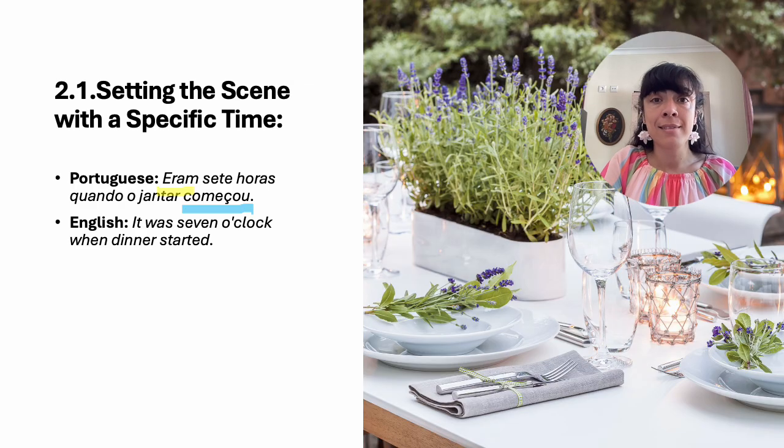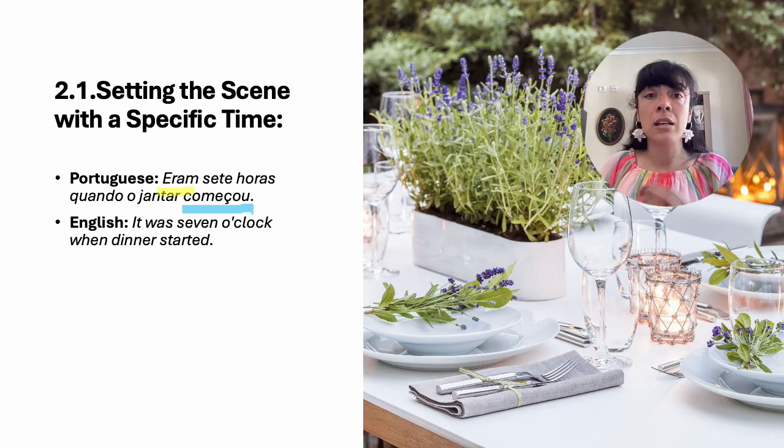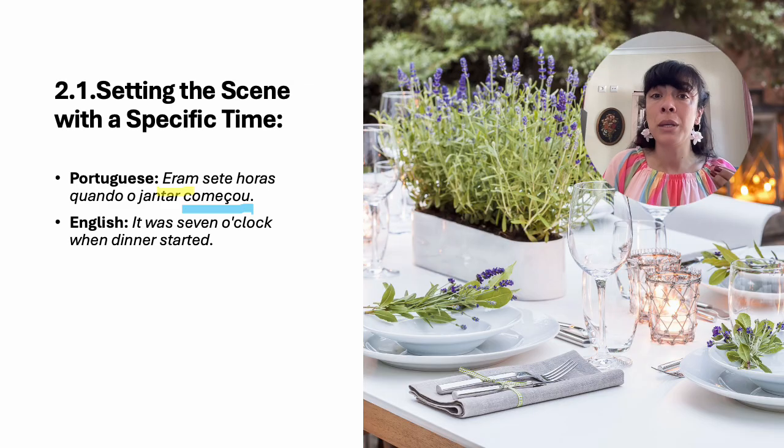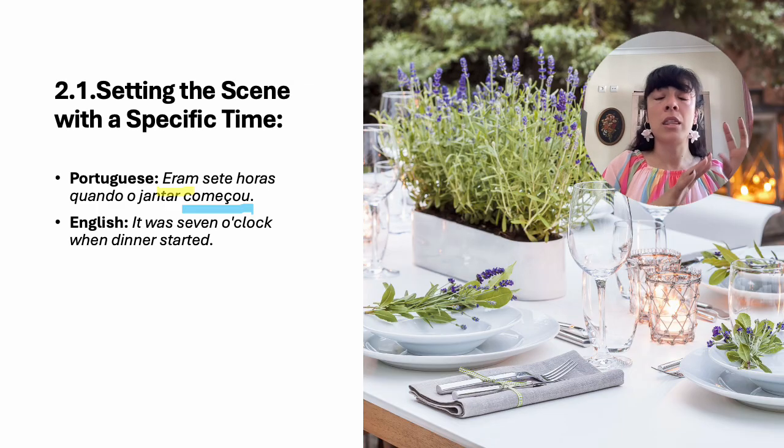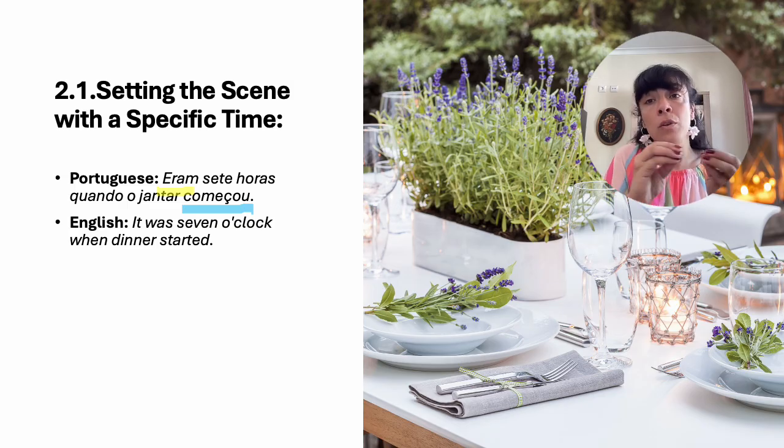So in this case, and I'm sorry if I'm repeating quite a lot, the time 7 p.m. is a continuous state in the past, precisely described with the imperfeito. But the action of starting dinner is a concrete, specific event, described therefore with the PPS. So, this contrast allows the speaker to smoothly transition from describing the general context, the time in this case, then to focus on that specific event, dinner starting.